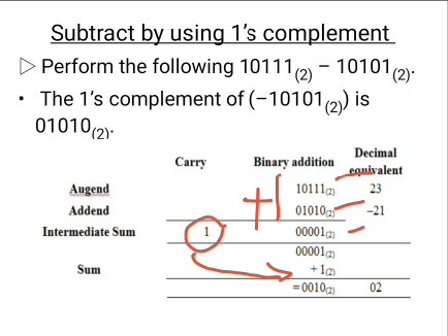So, 1 plus 1 equals 0, carry 1. So, 23 minus 21 equals 2. That means when the result is positive, the carry is added to the intermediate sum.